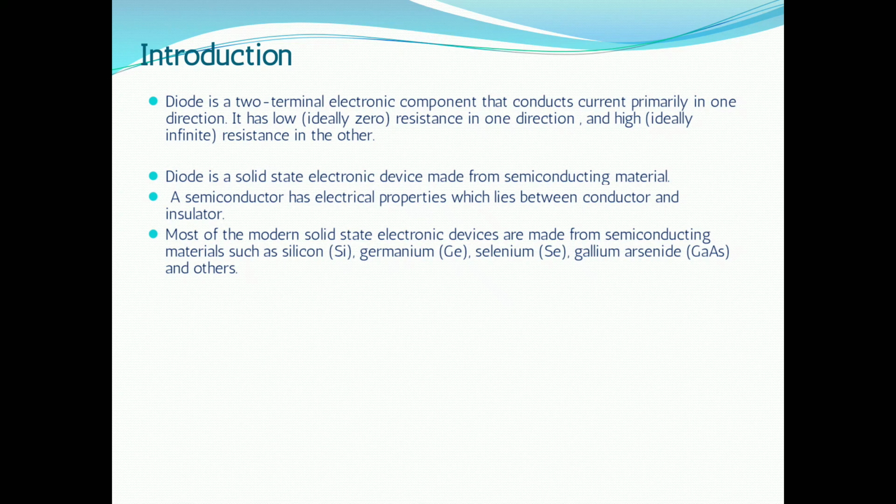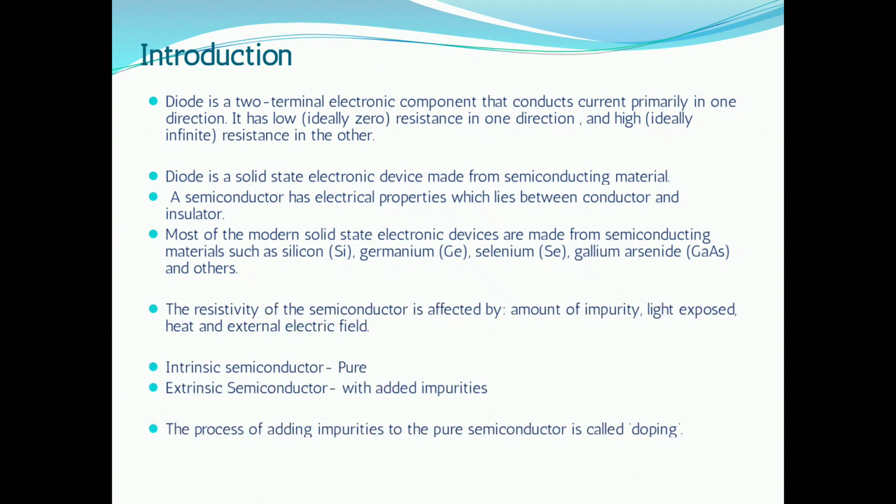It could be germanium, it could be selenium, it could be a compound semiconductor, that is gallium arsenide, and other semiconductors. The resistivity of semiconductor is affected by several things. First is amount of impurity, then light exposed, heat, and external electric field.